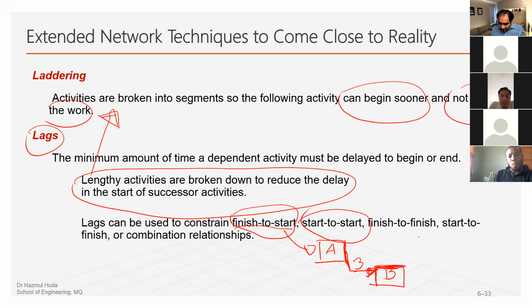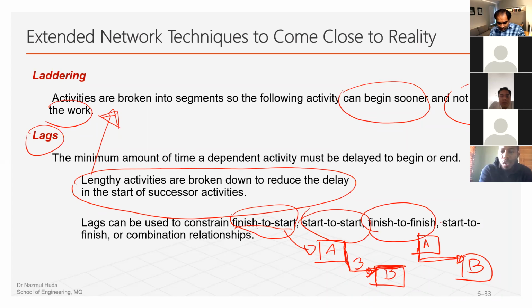Start to start is where we have an activity A and an activity B. This is the start of activity A and this is the start of activity B. How much time do we have from starting A to starting B? We can also have finish to finish in a similar way, or start to finish.